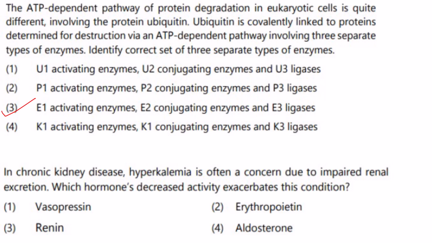So if you know the aldosterone hormone, it is a major hormone that regulates the K plus balance by promoting its excretion in the kidneys. So when kidney function is reduced in chronic kidney disease, the kidney is less able to excrete K plus.